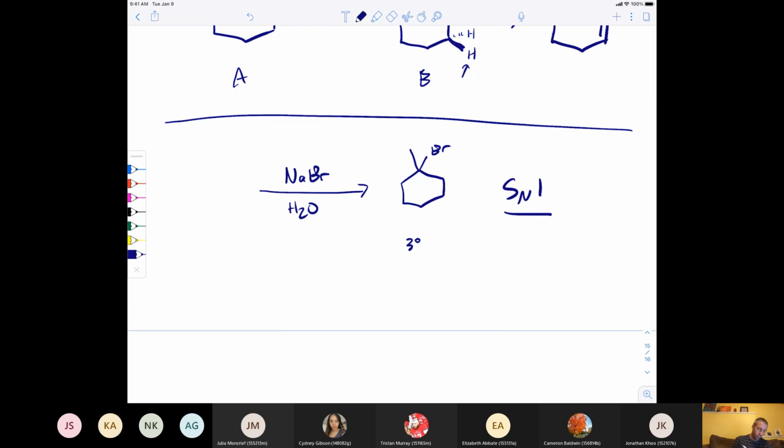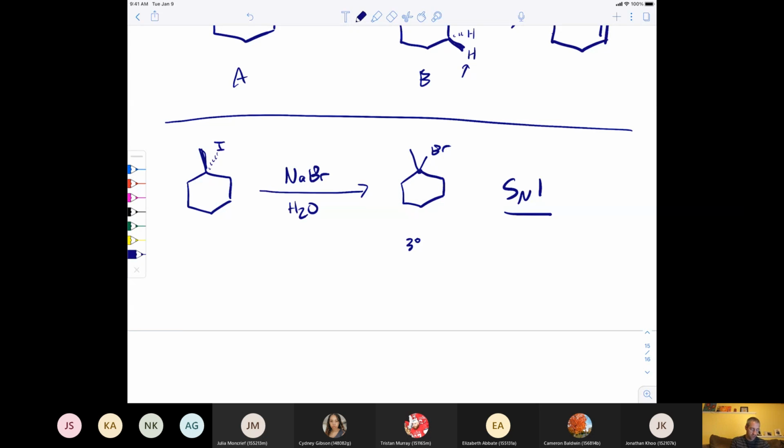So you think about it, what could react to do an SN1 and give you that product? And it could just be as simple as removing the bromine and putting something different there. Like that.